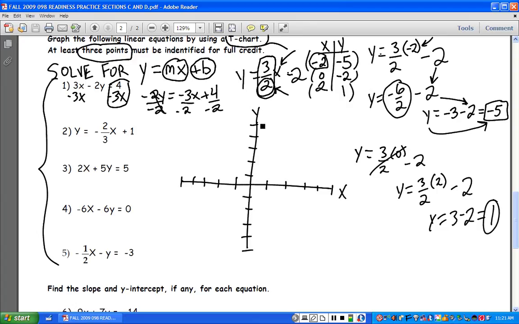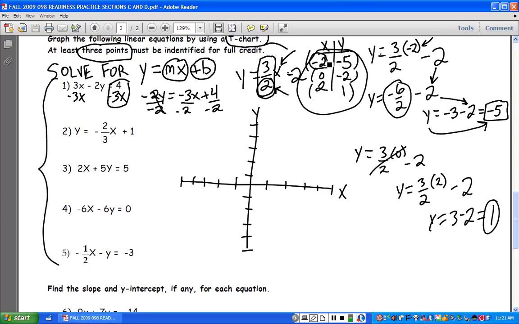I'm making sure I have 5 because when I look at my set of points, the biggest number, when we think in absolute value terms, is this 5 right here. Even though it's negative, that's the biggest or farthest distance from 0. So since 5 is the biggest number out of all the numbers in my 3 sets of points, I want to make sure my graph has 5 hashes.